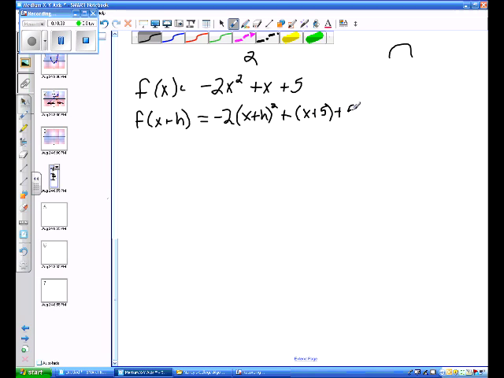Now, you can go through and put all of this into your formula. I usually do that at the beginning, and then I go through and simplify. It gets kind of long and involved, but it's okay. So I'm going to write all of this.